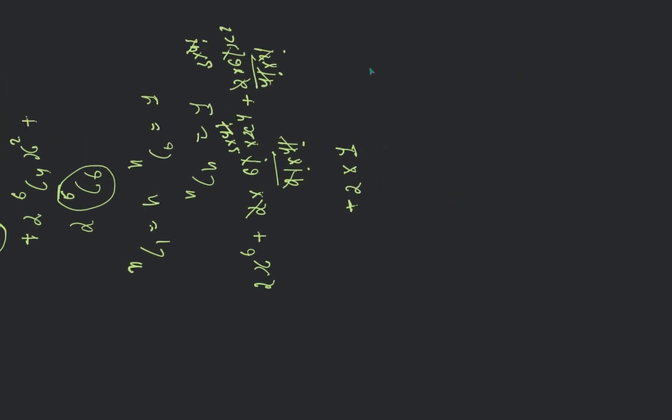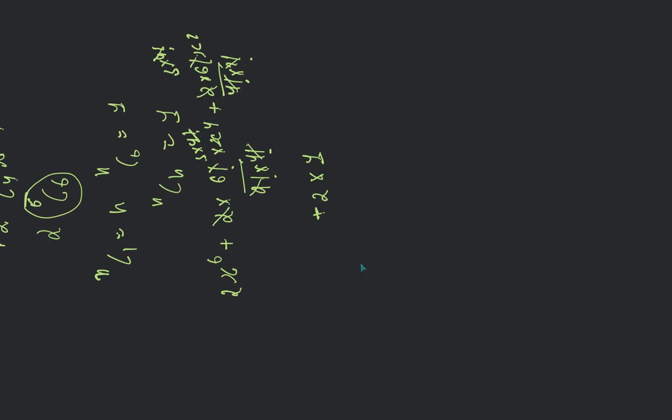Let's rearrange all the terms properly. The first term is 2 times x to the power 6, then 6 into 5, 30 into x to the power 4. The next term is 30 times x square, and the last term is 2. This is the expansion of the given binomial term.